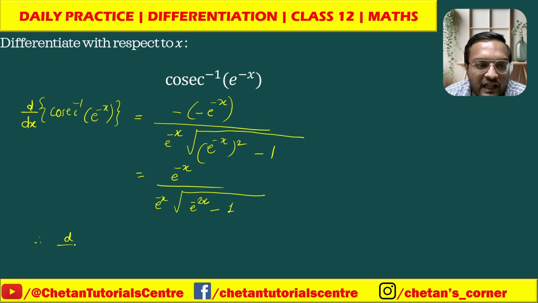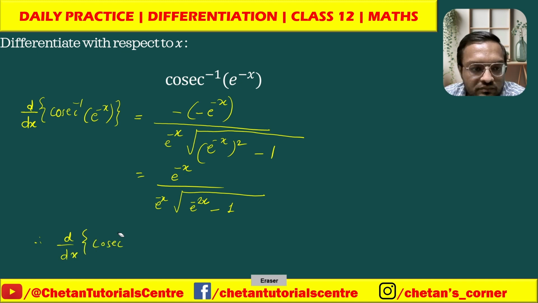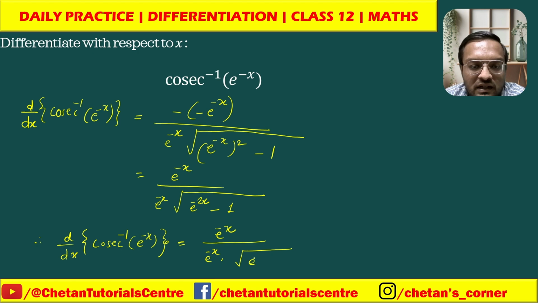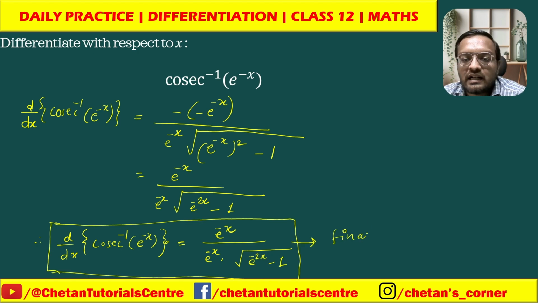Therefore, derivative of cosec inverse of e raised to minus x is e raised to minus x divided by e raised to minus x into under root of e raised to minus 2x minus 1. This is the final answer.